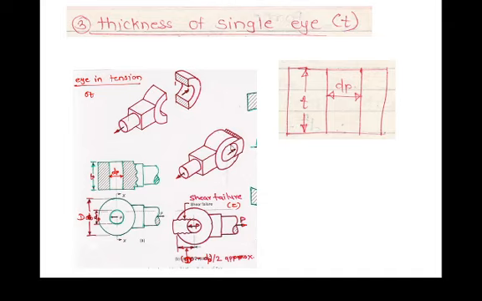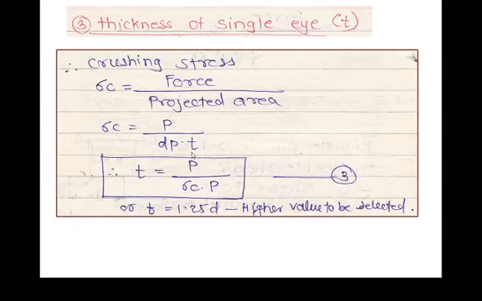Now what is this projected area? dp into t, where t is the thickness of the single eye. That is nothing but my projected area. Therefore sigma c is equal to P divided by dp into t. Therefore t is equal to P divided by sigma c into dp. Now this value of t is also calculated as 1.25 times of d.